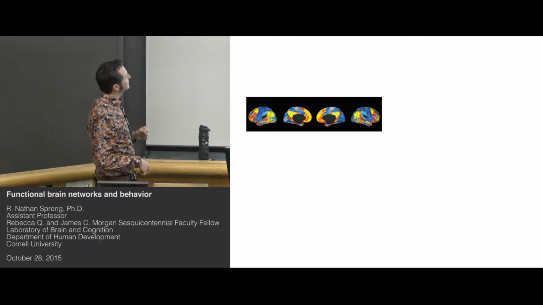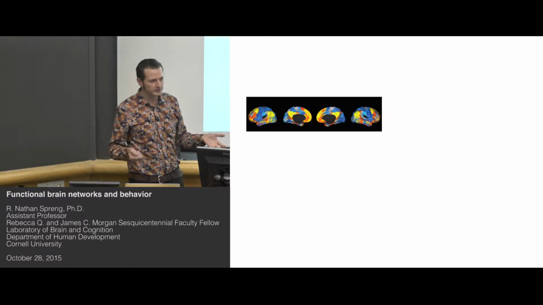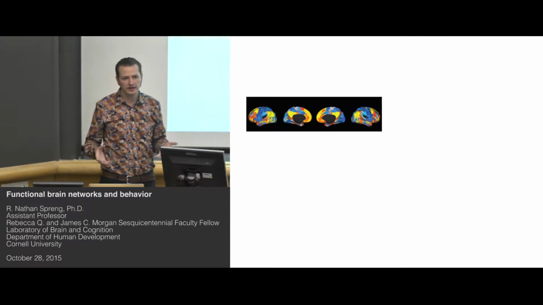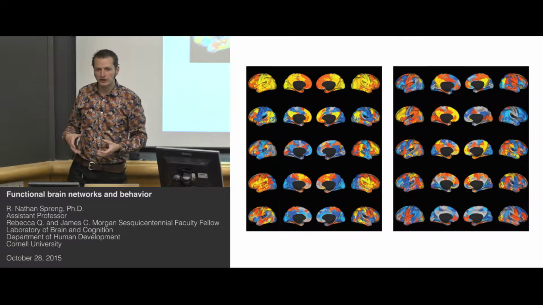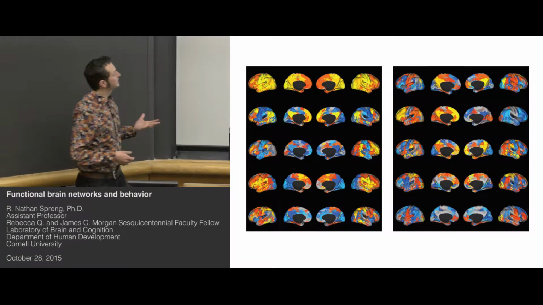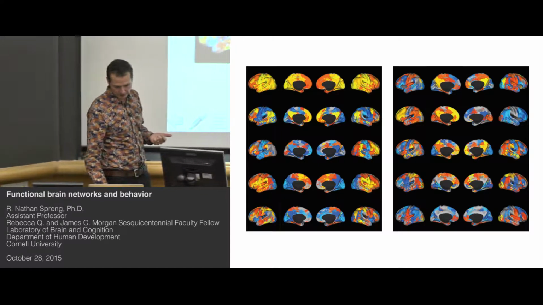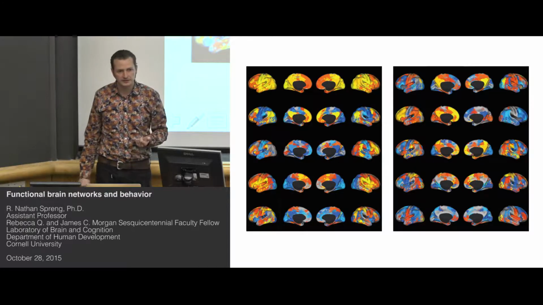Anyhow, what we can see is that the spontaneous oscillations of BOLD signal that unfold over time reveal these large-scale functional systems. In fact, there are a number of large-scale functional networks in the human brain. There are 10 of them depicted here. The first one I showed you, this is the left lateral surface, the left medial, the right medial, and the right lateral surface.